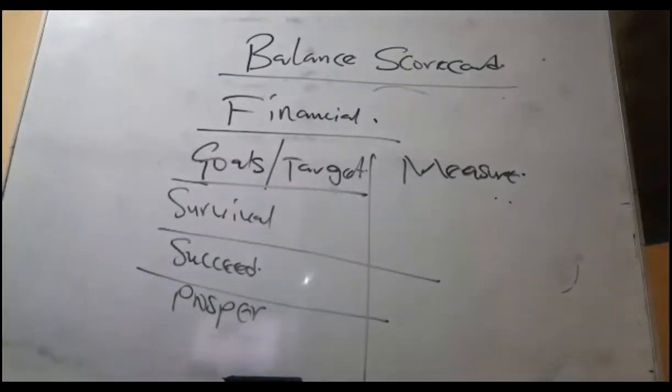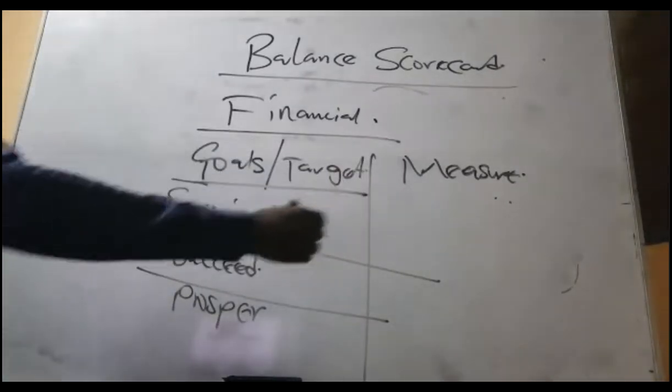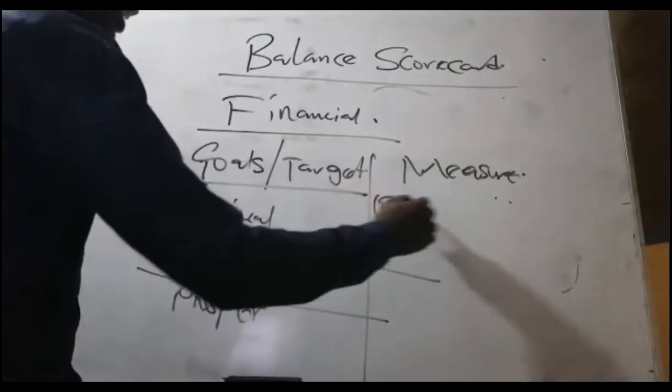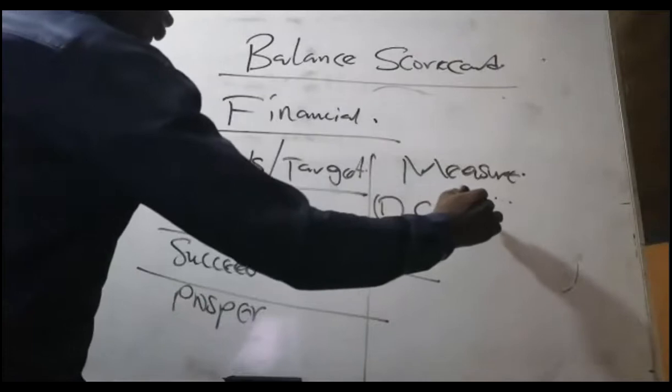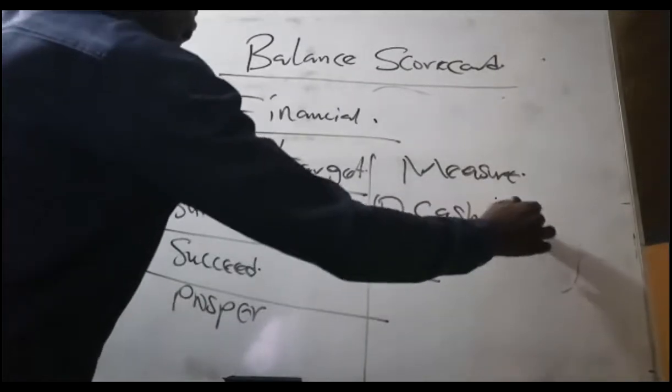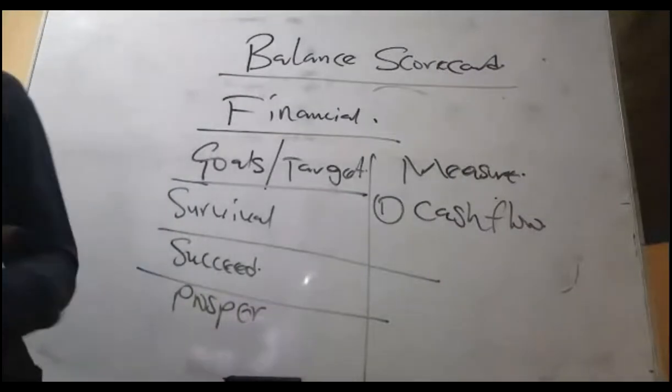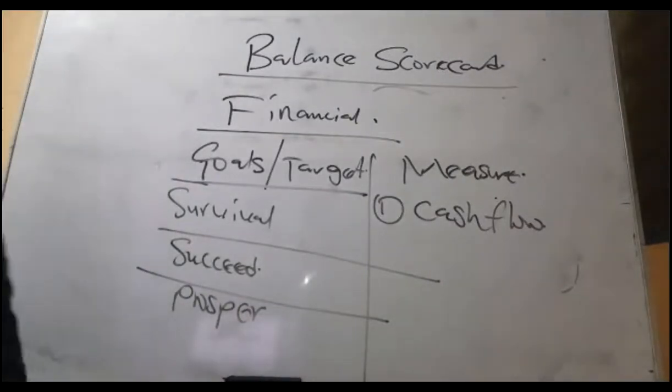Survival. There are so many measures that we can use to assess the survival of the organization. One, you can use cash flow. If you have consistent cash flow, that means your survival is in good shape.